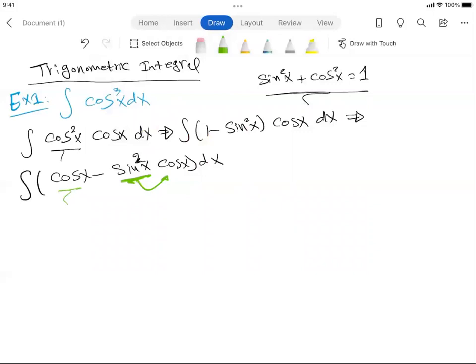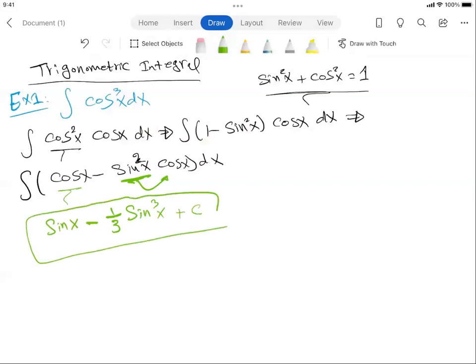So the first term simply becomes sine of x, and for the second term, simply increment the power by 2 and divide by the new power, which becomes 1/3 sine to the 3rd of x, and add the constant. So that's the final answer.